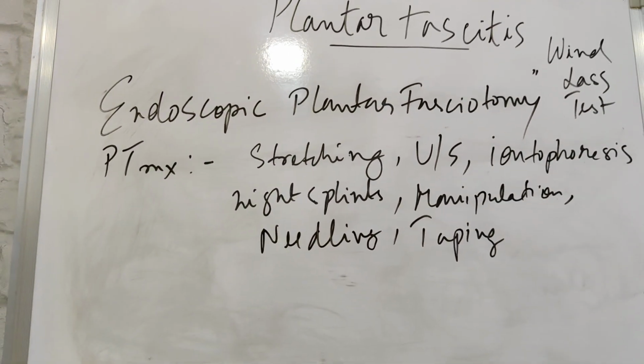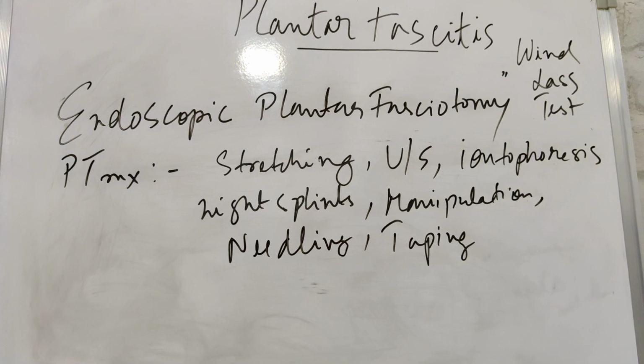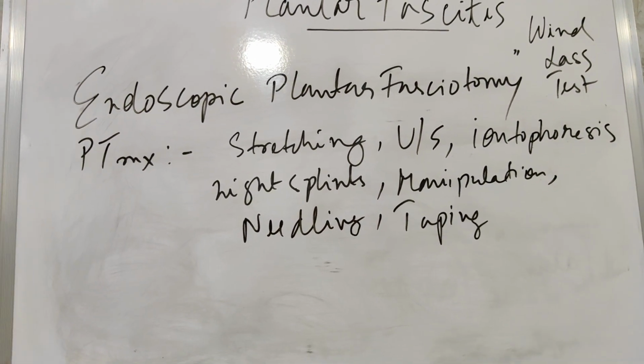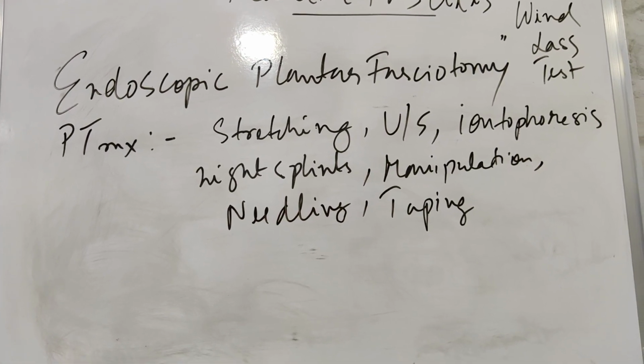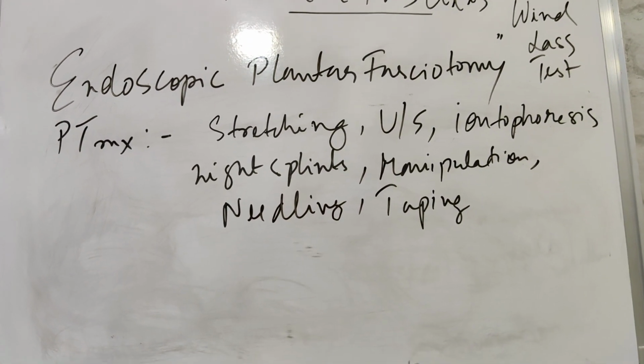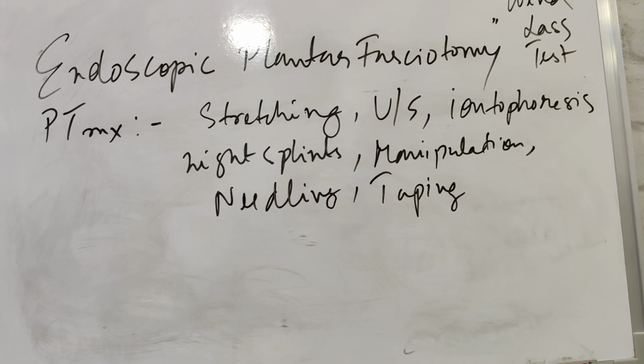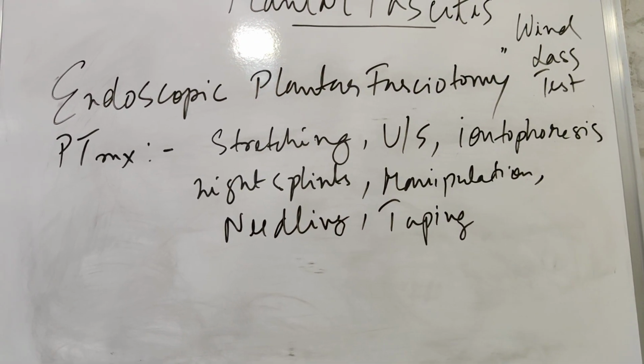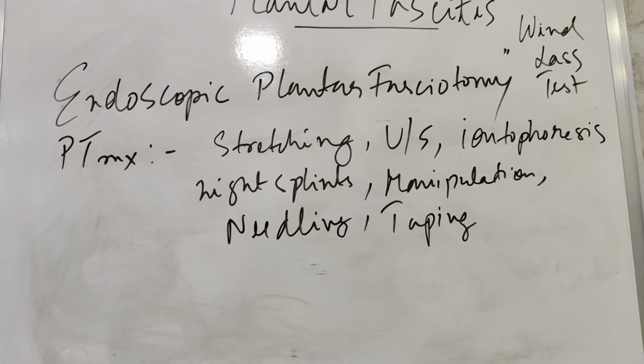So in brief, if we summarize the topic, plantar fasciitis is referred to as plantar fasciosis or plantar heel pain, and most commonly the term plantar heel pain is used because it has a broader aspect.